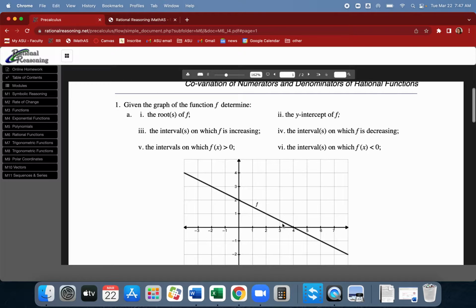So left of this spot here, f of x is positive. Right of this spot, f of x is negative. At that spot, it's 0. But this is saying f of x is positive when I'm to the left of 4. F of x is negative when I'm to the right of 4. And this statement tells me that it's not like undefined at 4 or something.